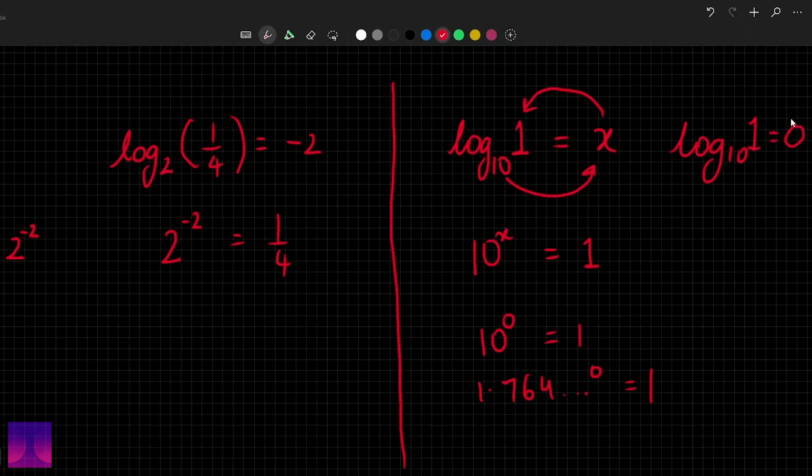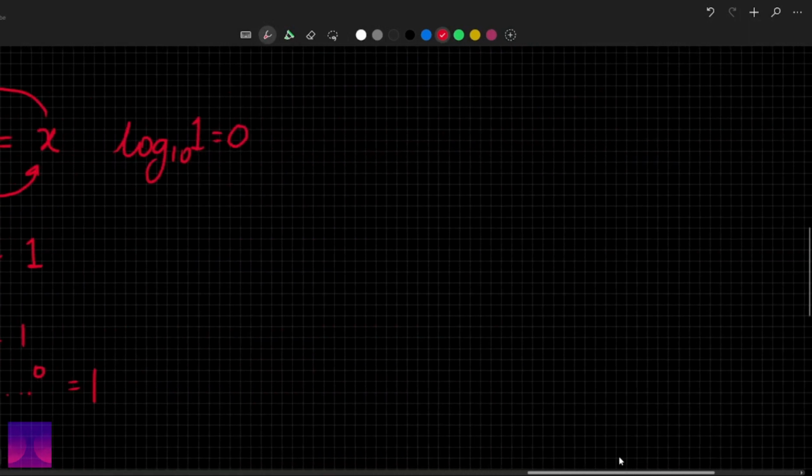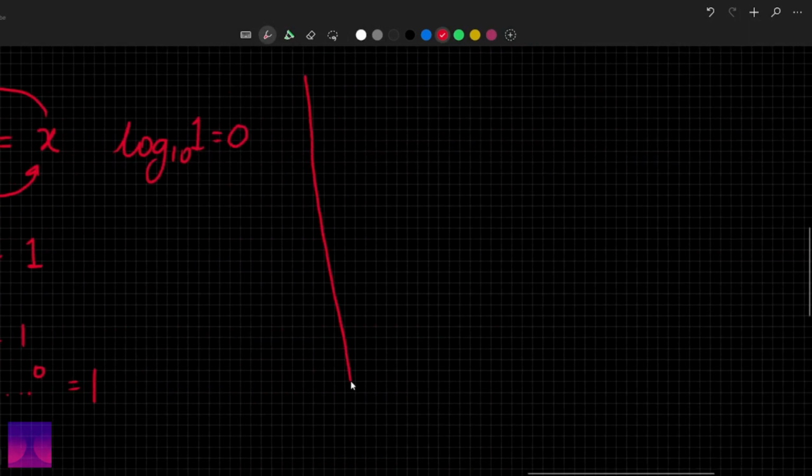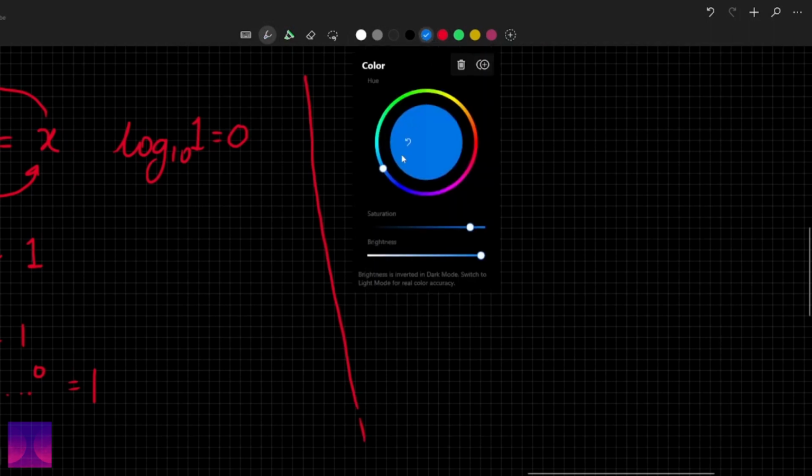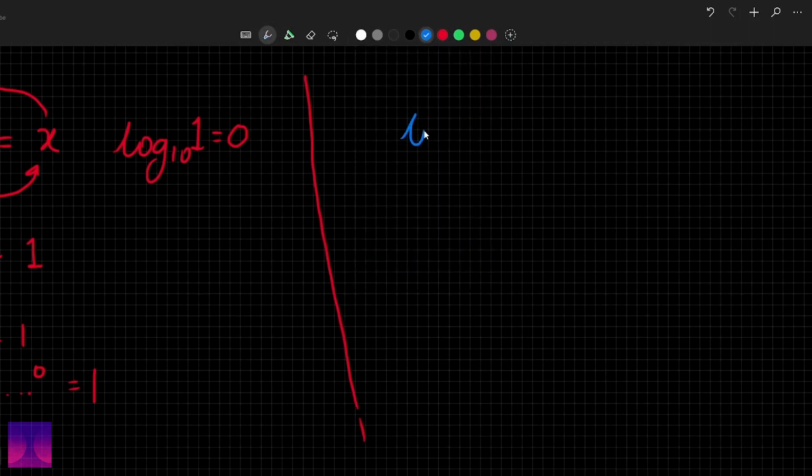Okay. Now let's take another example. Let's say you get log of 0. When there's no base, you take 10. So what happens when you have to take the log of 0?